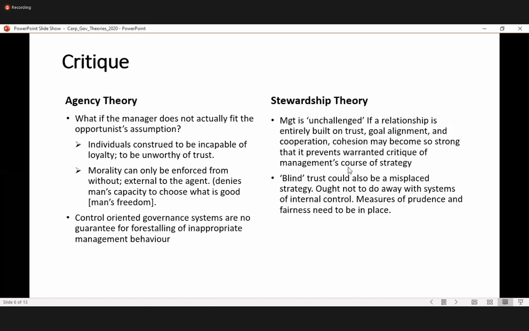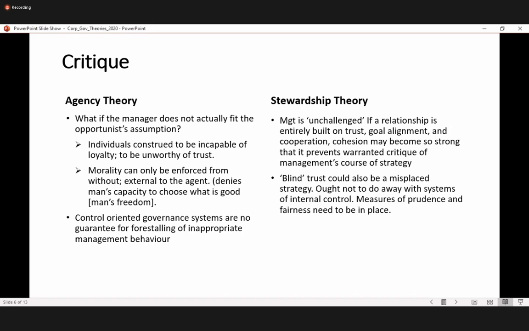But in terms of stewardship theory, all those other things are good, but management is unchallenged. If the agent is so trusted that there is cohesion between the managers, the directors and the shareholders, so now you just believe everything that he says. That can also be dangerous.